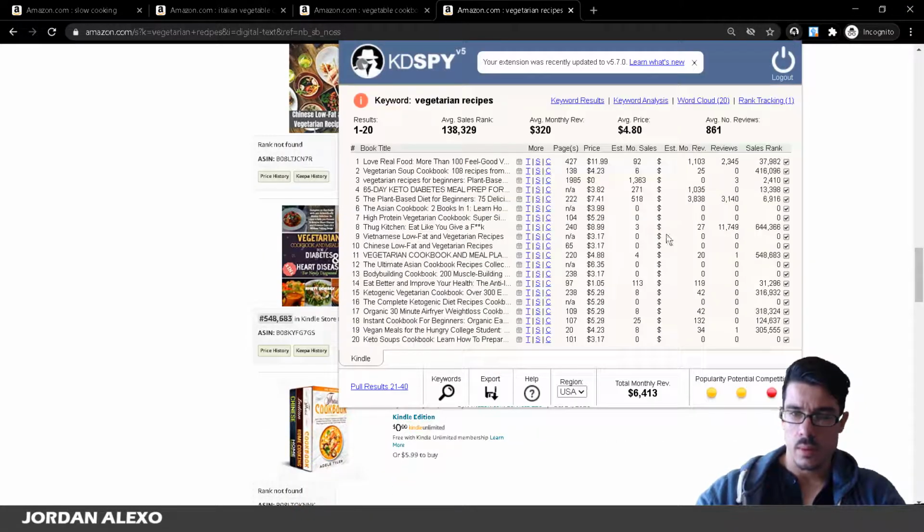This seems kind of awkward, this keyword. I'm not sure. When it comes to competition, you don't really have much competition. You have books that don't have so many pages, so you could produce a book of similar length and publish it. This seems to be quite a profitable keyword.